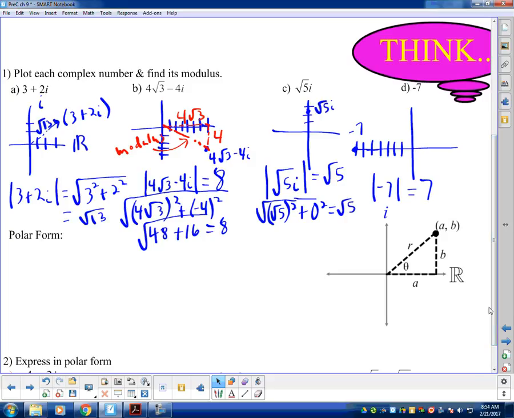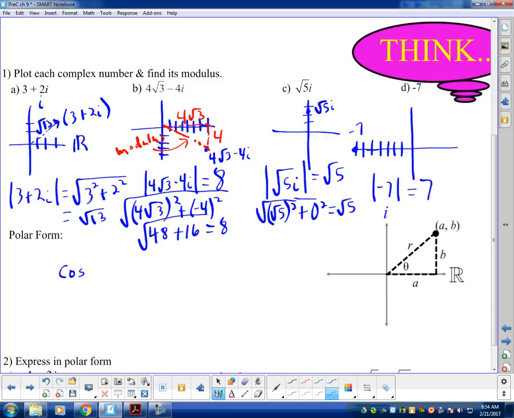Polar form. So, looking at this picture over here to the right, if this is theta, this is A, this is B, here's my real axis. R, remember, is the modulus. It'll be our distance from 0. I could set up the following trigonometric equations.